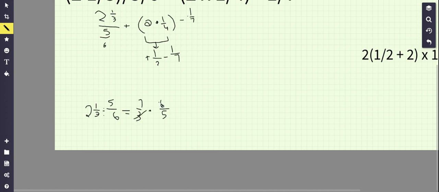Cross cancel. That's 2. That's 1. And then multiply. 14 divided by 5 equals 2 and 4/5.